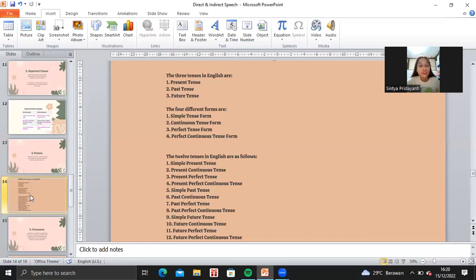And the 12 tenses in English are: first, simple present tense; second, present continuous tense; third, present perfect tense; fourth, present perfect continuous tense; fifth, simple past tense; past continuous tense; past perfect tense; past perfect continuous tense; simple future tense; future continuous tense; future perfect tense; and then future perfect continuous.